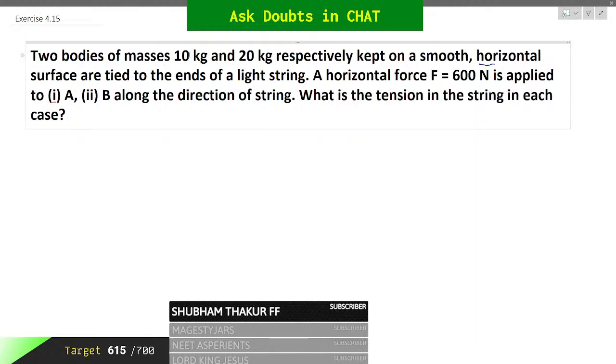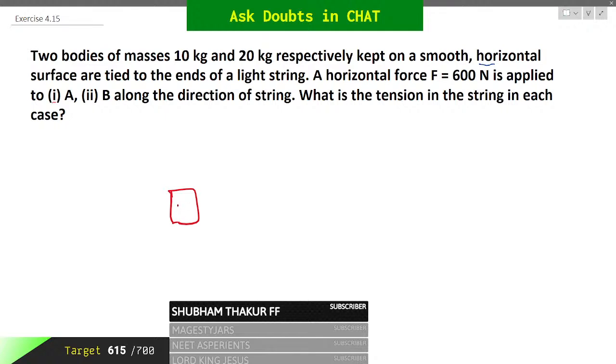Two bodies of mass 10 kg and 20 kg respectively, kept on a smooth horizontal surface, are tied to the ends of a light string. A horizontal force F equals 600 Newton is applied to A and B along the direction of the string. What is the tension in the string in each case? So in this question, we can visualize it like this.